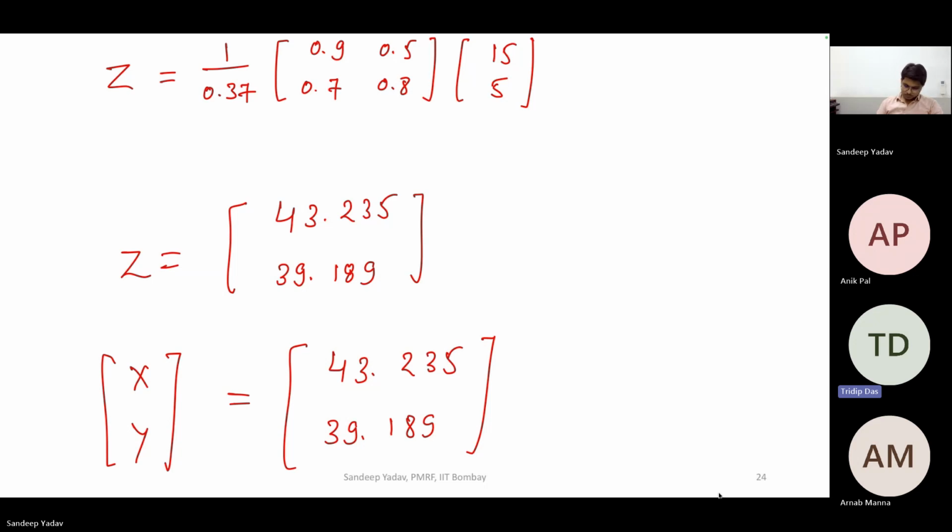So here, we are not taking the absolute values. We have already considered 15 and 5 as in thousands. That 0.9 and 0.8 are coming because you are considering it as paisa. If you change the units, then your determinant will be, I think, 37.